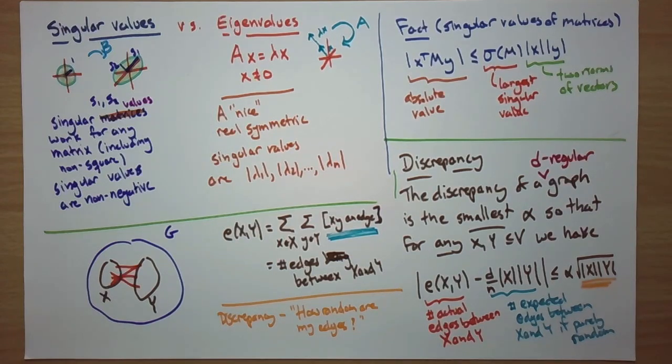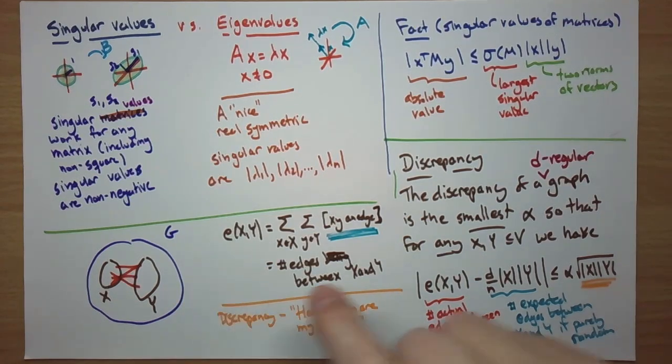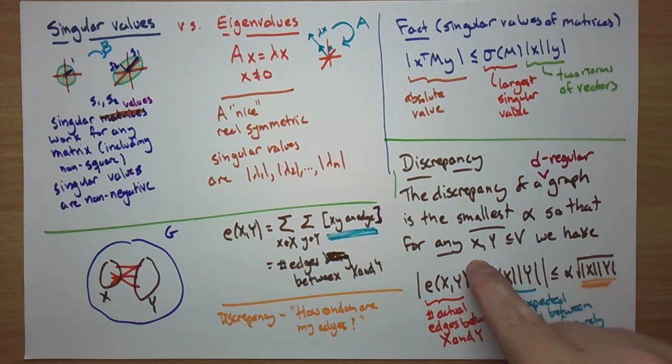What does this look like on a small graph? Could we do this on a cycle graph? In theory, one could do this, but if you think about what's happening, we're going over every possible subset X and Y. And so there's a lot of those.